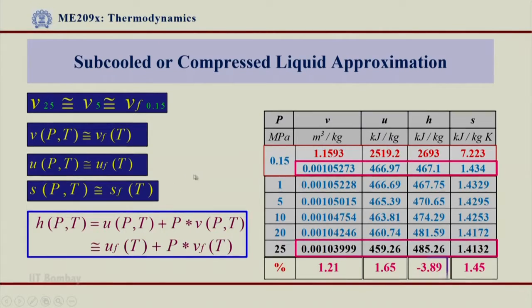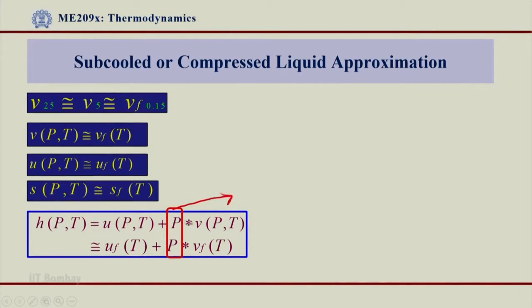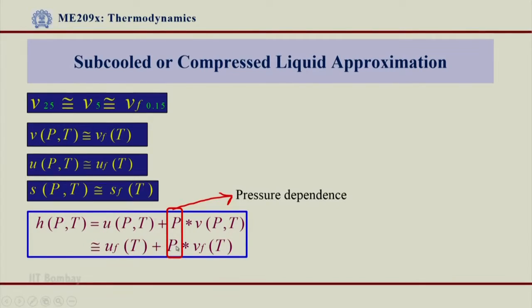If I come back to the equation, you can see that this is the pressure which plays an important role, because even if U(P,T) is equal to U_f(T) and V(P,T) is equal to V_f(T), there is a P term that appears there which directly relates H(P,T), or the enthalpy, to the pressure term. So if I go on increasing the pressure, it will show up on enthalpy because of this formulation.